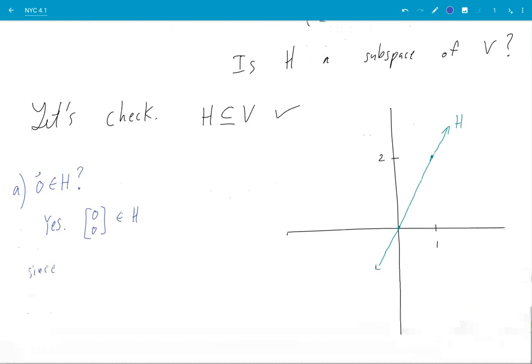Since x equals 0, y is equal to 0. So 0 does indeed equal 2 times 0. So y does indeed equal 2x. So I'm writing almost more than I have to.